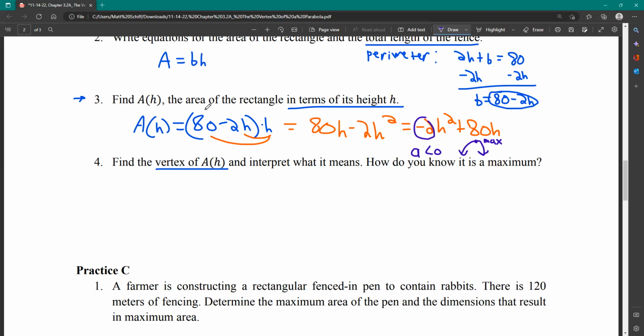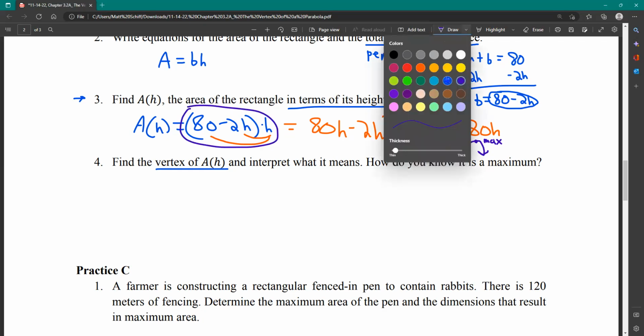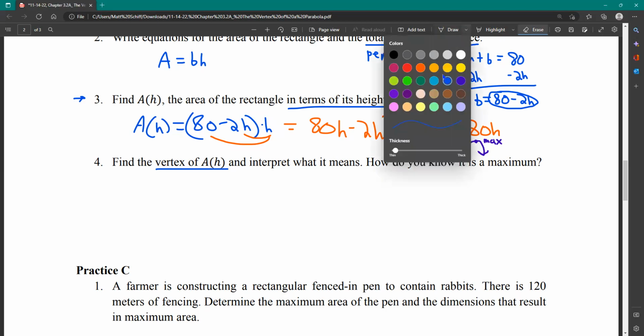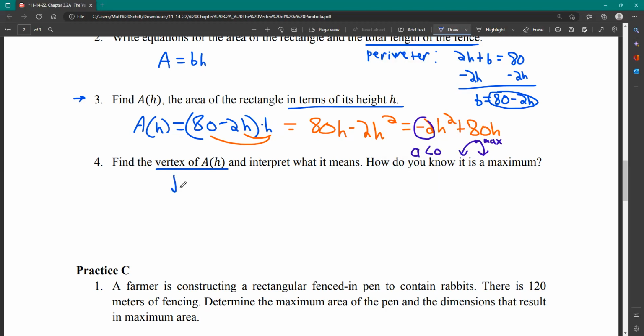Okay, but we want to stick with factored form for right now, going forward with solving the problem, because we want the vertex. And as we saw in the previous problem, the vertex is halfway between the zeros. So we gotta find the zeros. And factored form is good for that.